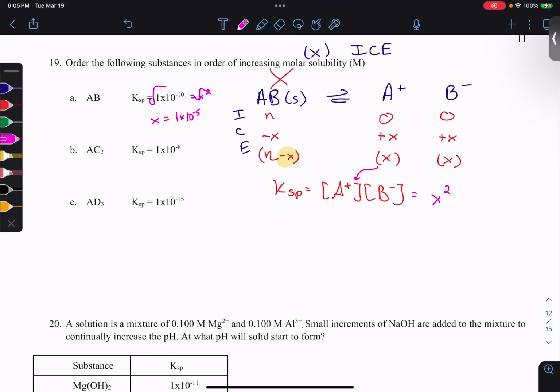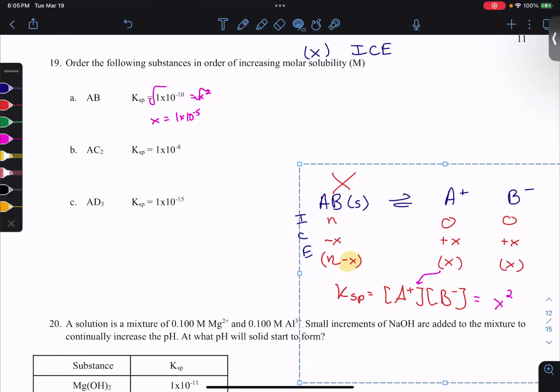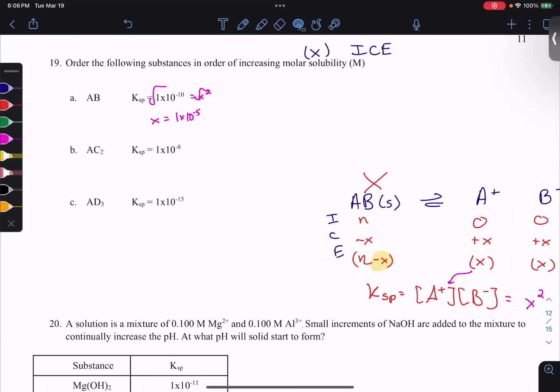Right? So for the next one, if we put this KSP in terms of molar solubility, I'm going to move this over there. This KSP expression: you dissolve AC2 into water, and it doesn't dissolve in a 1-to-1 ratio. So if we wrote this KSP expression, it would be A 2 plus concentration times C minus concentration squared.